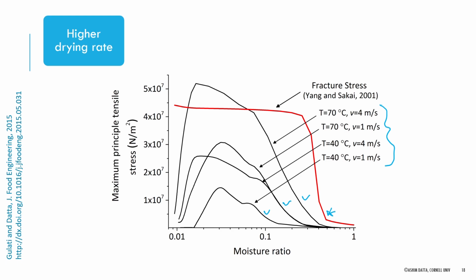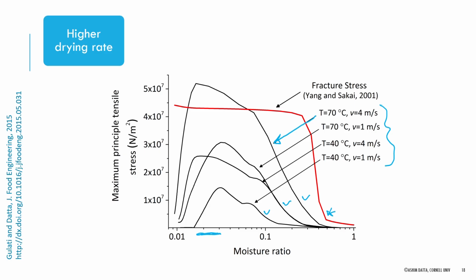Now, at higher rates of drying, like this one, the surface dries a lot faster and larger stresses are developed, driven by larger or higher moisture gradients near the surface. Also, at low enough moisture in this region here, material transitions to glassy and thus more brittle, and so also contributing to higher stresses.